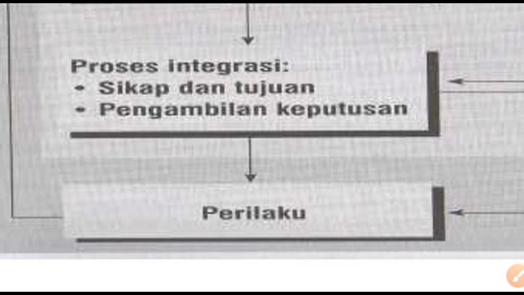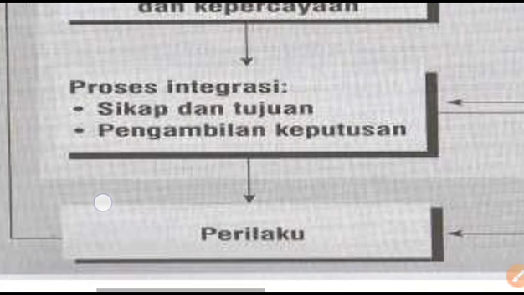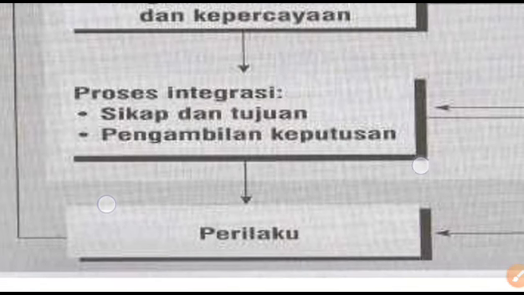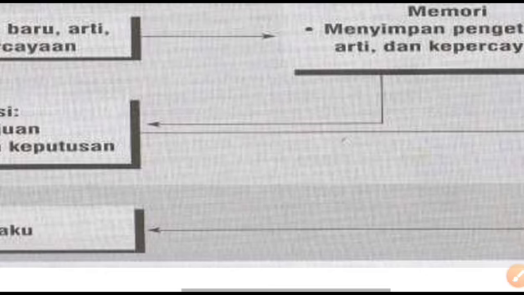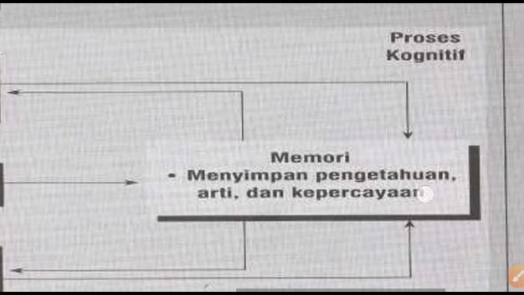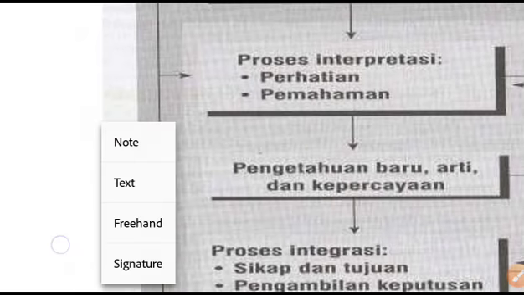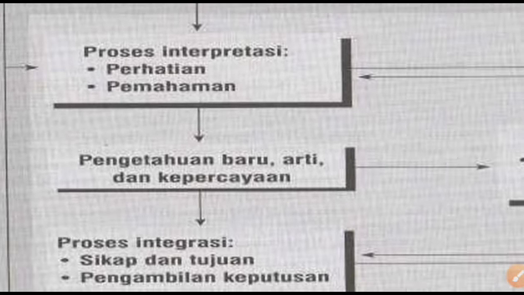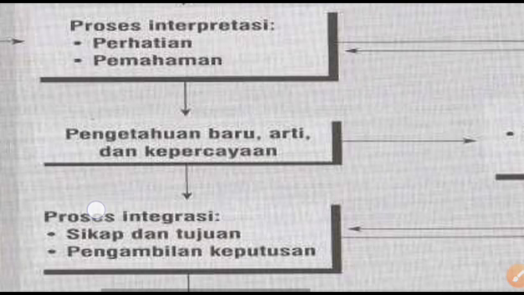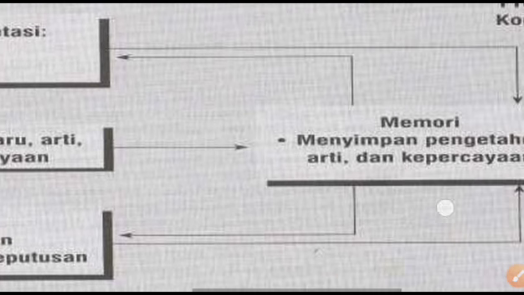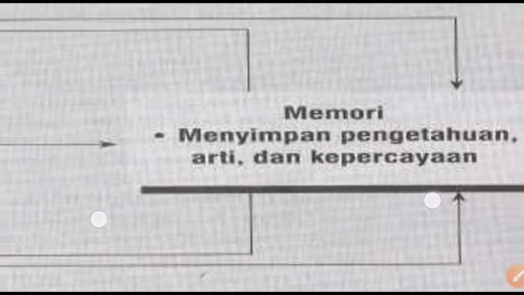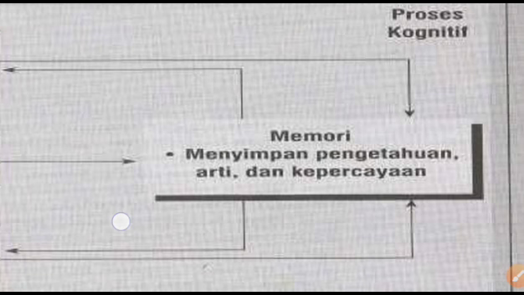How about the attitude and purpose? And then he takes the decision. But before getting the decision, the new knowledge, meaning and belief are influenced by memory, and then storage of knowledge, meaning and belief.